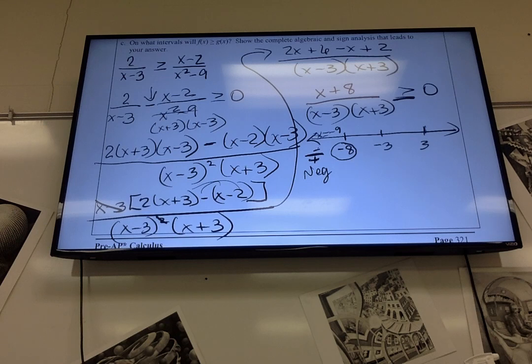Then a number between negative 8 and negative 3, say negative 5. You could pick any number in between there. If we plug negative 5 into the top, I get a positive. If I plug negative 5 into the bottom, I get a negative times a negative, so that's another positive.